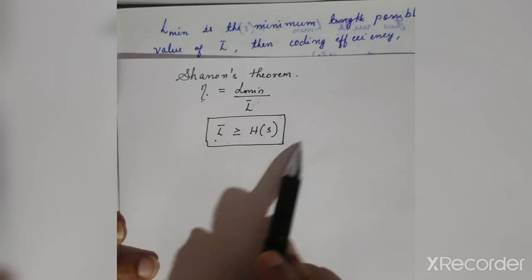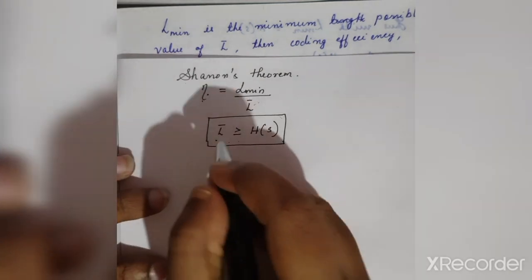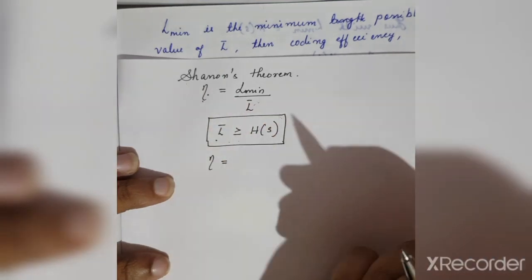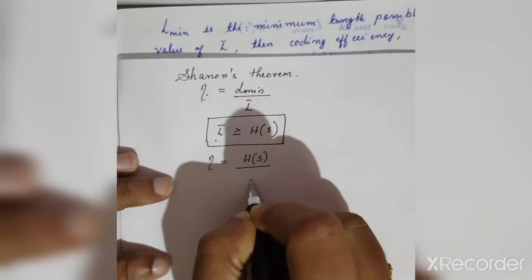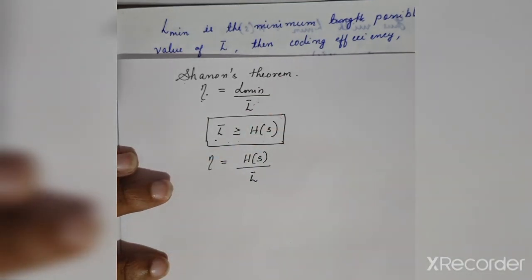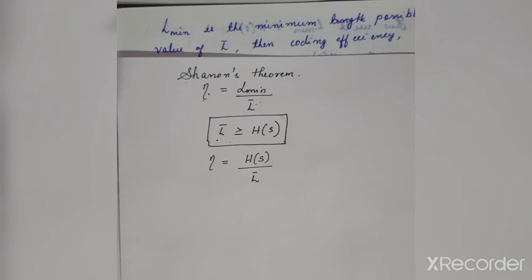Under this condition you can say that you have generated an optimal set of code words. Then the equation of your efficiency can be written as H of S divided by L bar. That is the statement for your source coding theorem.